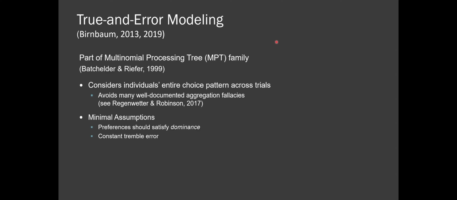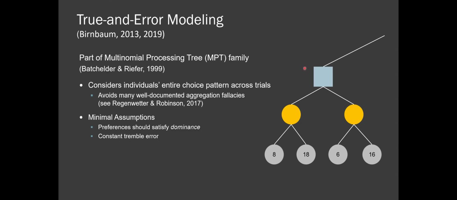For example, it's going to assume that people satisfy dominance, which is to say, if you have a decision node like this, where the gamble on the left stochastically dominates the gamble on the right, then we assume that people are going to detect this, and when they do, they will choose to move left. And there's some probability that they move right that's characterized by this constant trembling hand error mechanism.